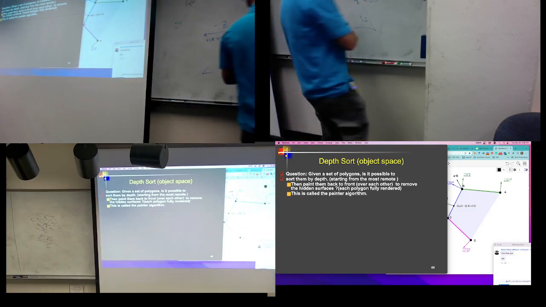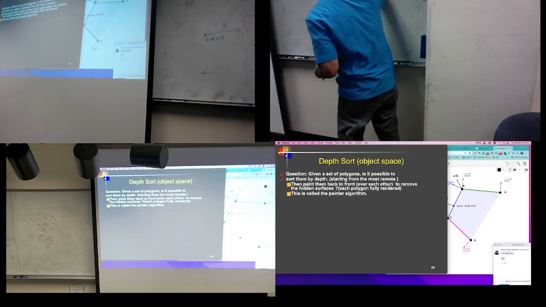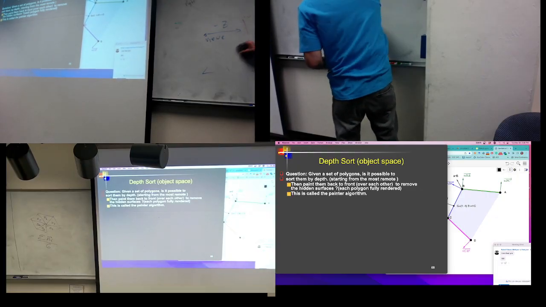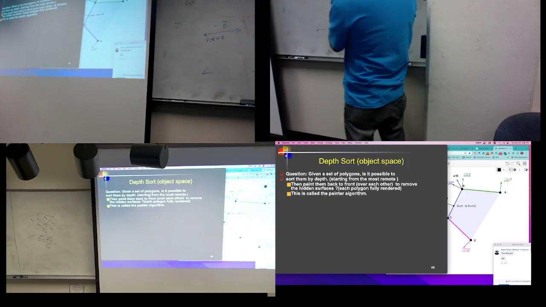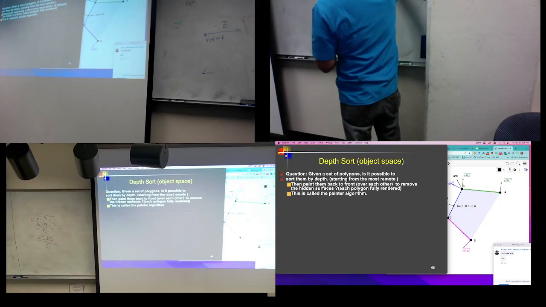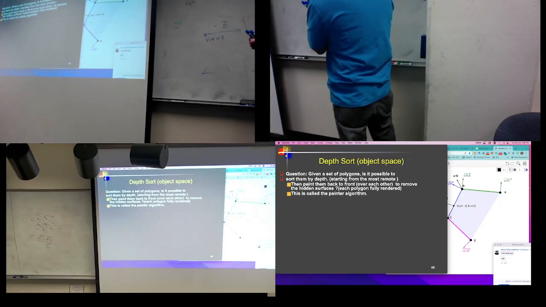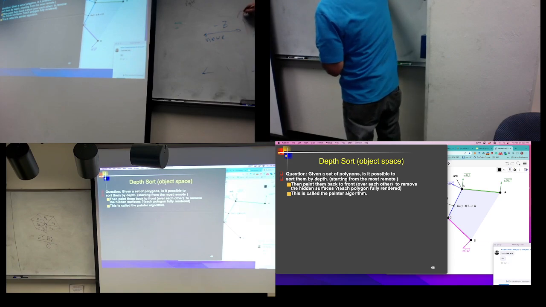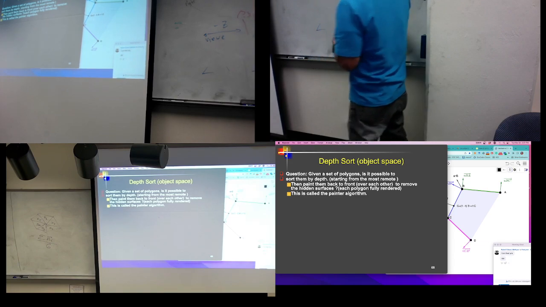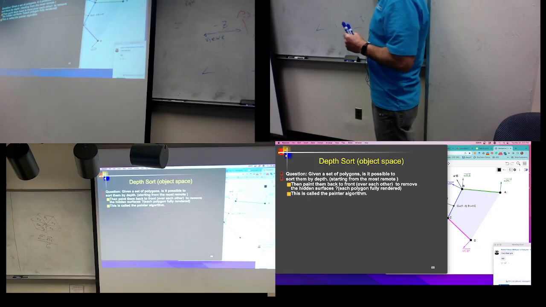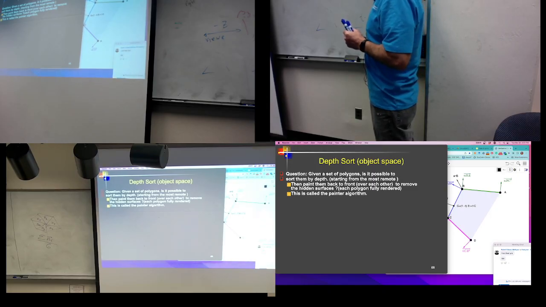Look at the viewer from this part. So here are my triangles, S1, S3, and S2. The furthest away from the viewer is S1. That's the one with the maximum depth from the viewer.